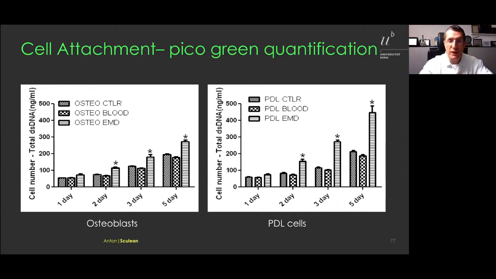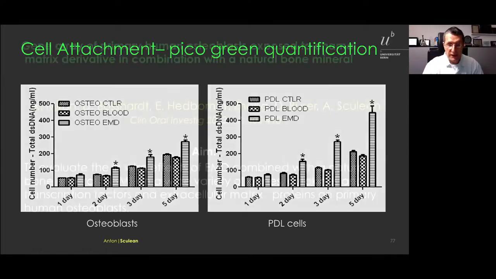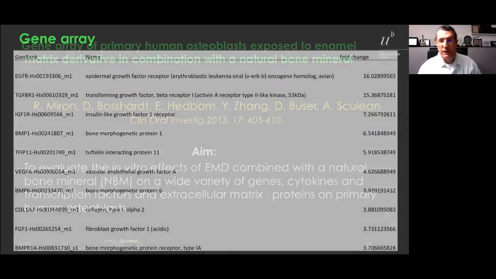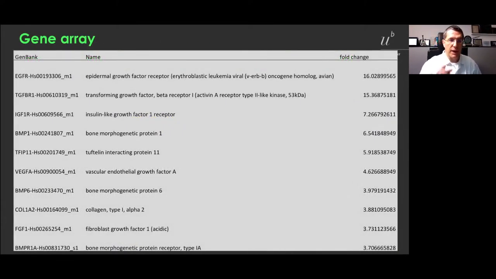In other words, if you have precipitation of enamel matrix proteins on the graft, you attract the cells, okay? And what are these cells doing? These cells are going to produce growth factors. We demonstrated that in another study, and these growth factors are contributing significantly to the healing process.